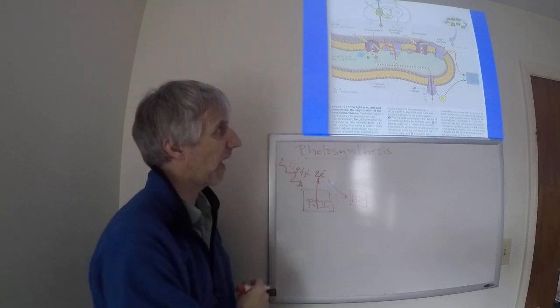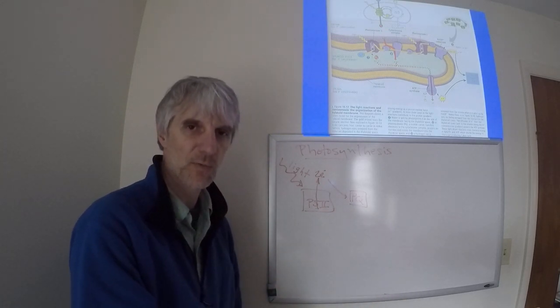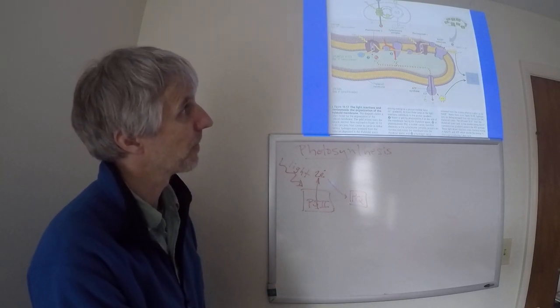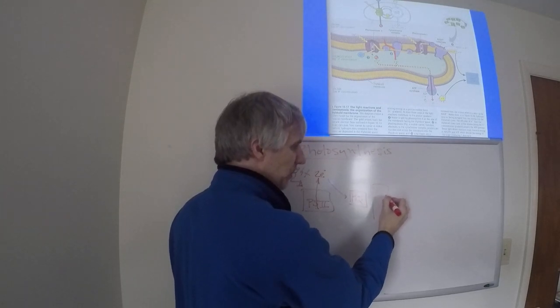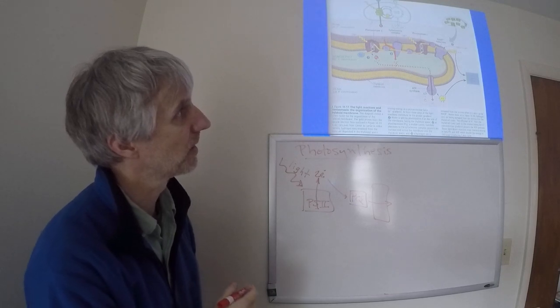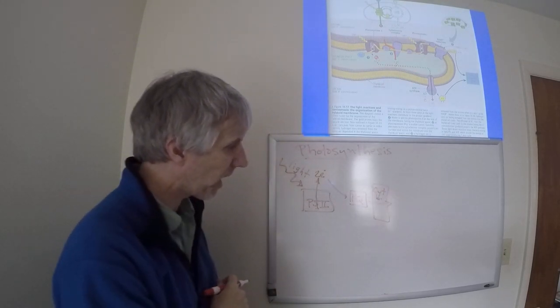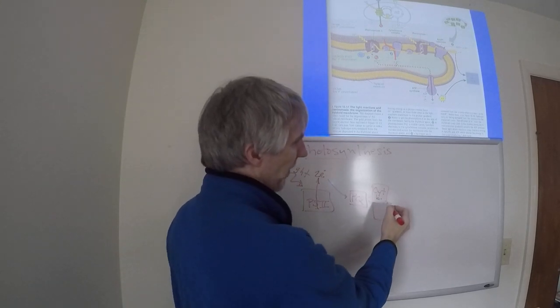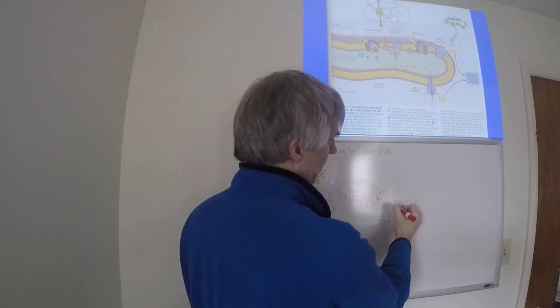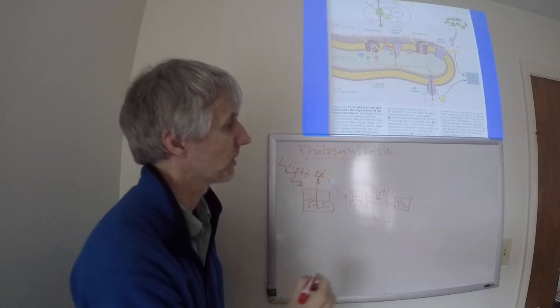This is called plastiquinone. I don't need you to know the names of them, but PQ stands for plastiquinone. And then the next protein in the chain grabs the electrons. This is the cytochrome B oxidase protein. And then once it grabs the electrons, plastocyanin grabs the electrons.